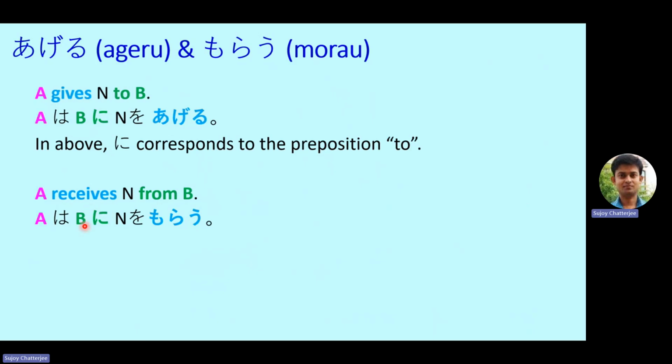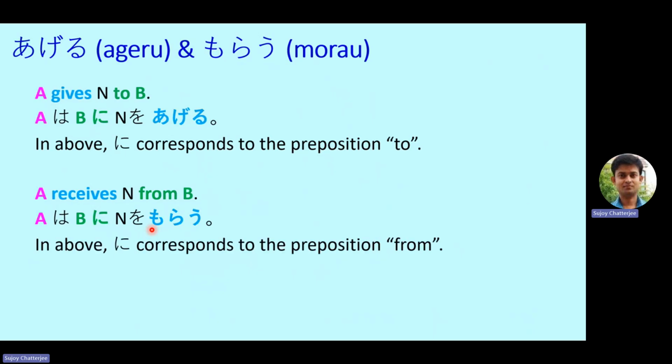So this is the beauty: in English the first one is to, the second one is from, because A receives from B, but in Japanese it will still be A wa B ni N o morau, or moraimasu, or moraimashita. That means A receives from B, A wa B ni moraimasu. So in the above, ni corresponds to the preposition from.